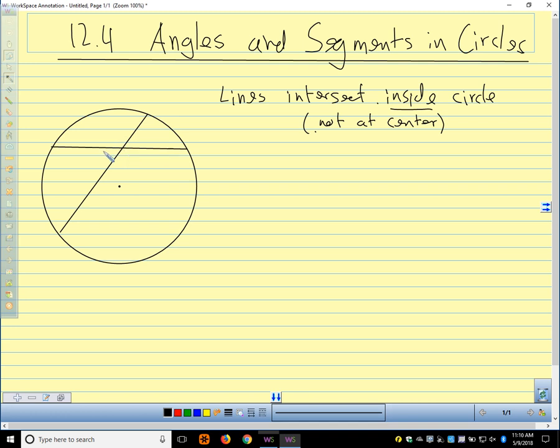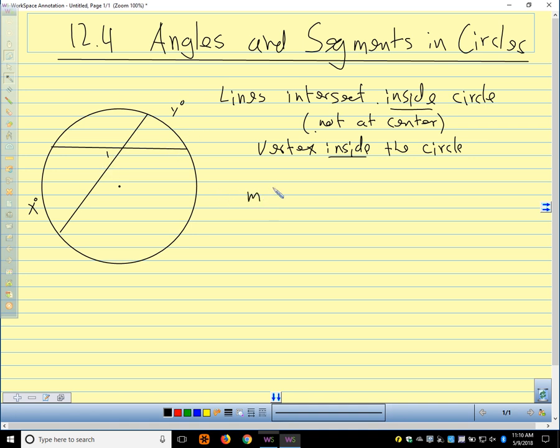And I'm going to label a couple of things. I'm going to call this arc X, this arc Y, and this angle 1. So our vertex is inside the circle. In this case, there's a relationship between the angle, angle 1, and the arcs.